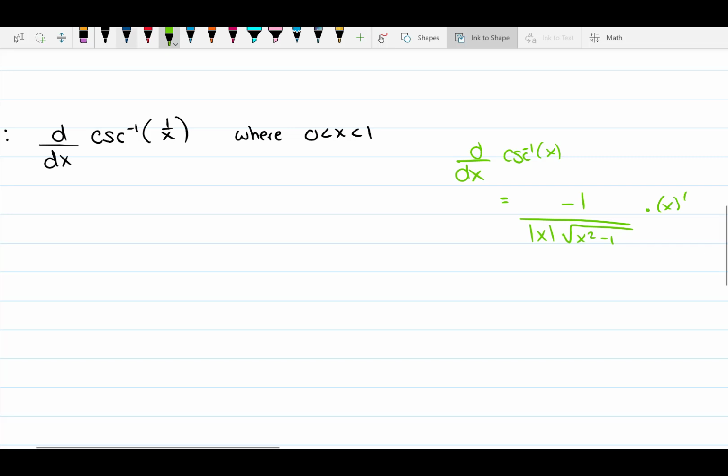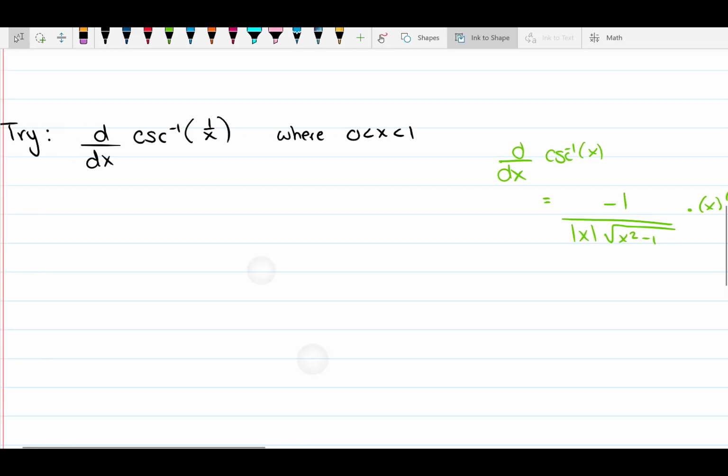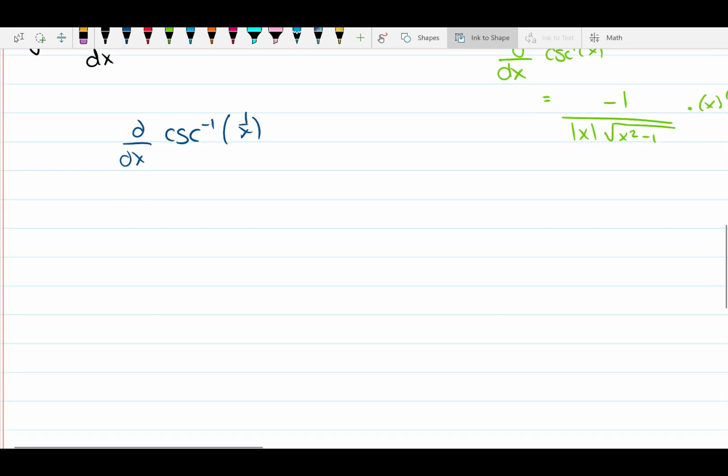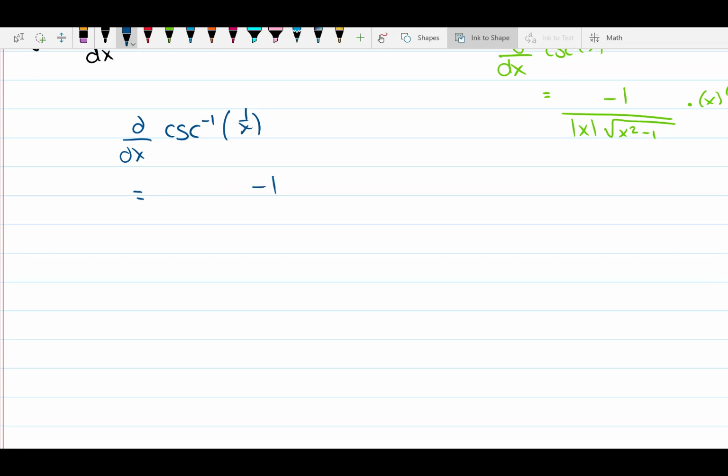Okay, so we're going to get the derivative of cosecant inverse of 1 over x is then equal to -1 divided by the absolute value of 1 over x times the square root of 1 over x squared minus 1 times the derivative of 1 over x.